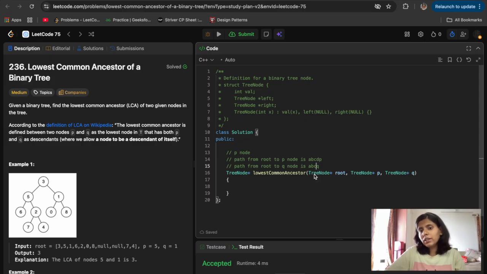B, common. C, common. D and E, no, not common. So what was the last common one? C. So this C is the common ancestor for P and Q.